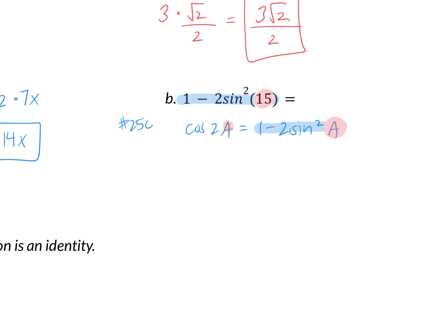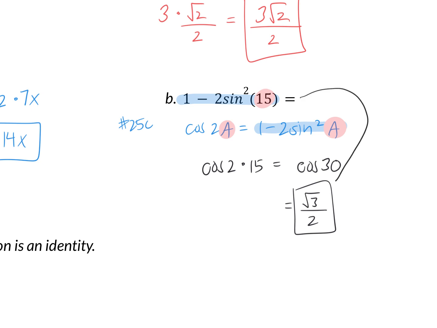So I'm going to plug in 15 for my a and condense this into cosine of 2 times 15, which is actually equal to cosine of 30. And don't we know what cosine of 30 is? Yeah, cosine of 30 is the square root of 3 over 2, right? So this thing right here is actually just equal to the square root of 3 over 2. Fun fact.